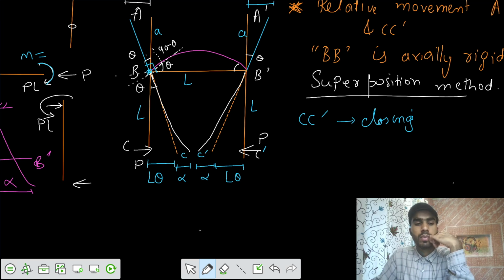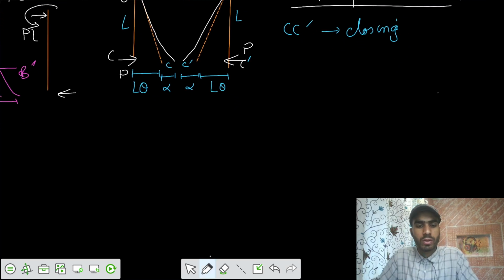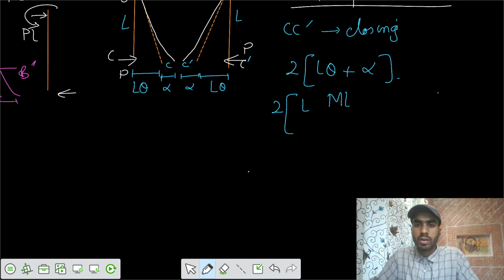So we can say the total relative displacement between the 2 points is equal to 2 times L theta plus 2 alpha. So we know that 2 times L into theta was equal to ML by 2EI, but the value of M was P into L. So PL square by 2EI plus alpha.